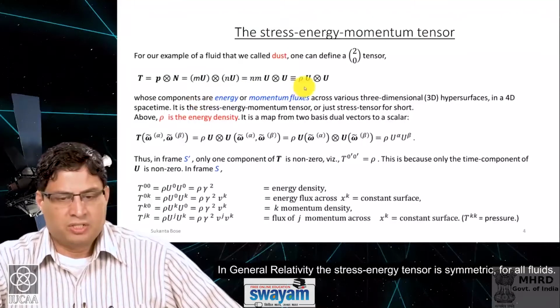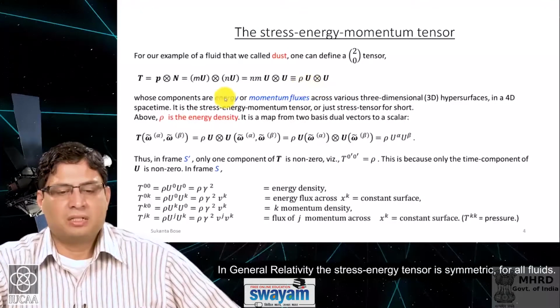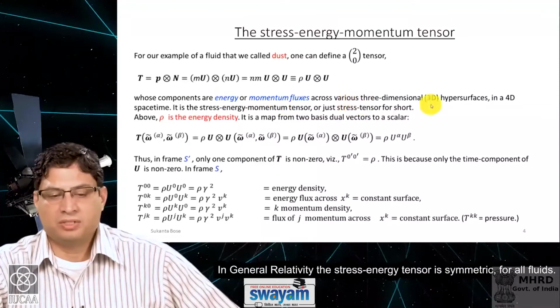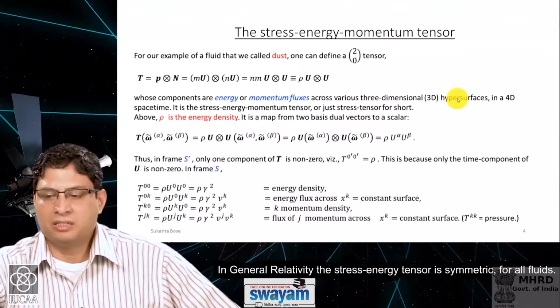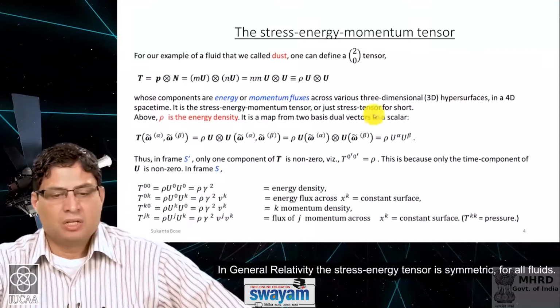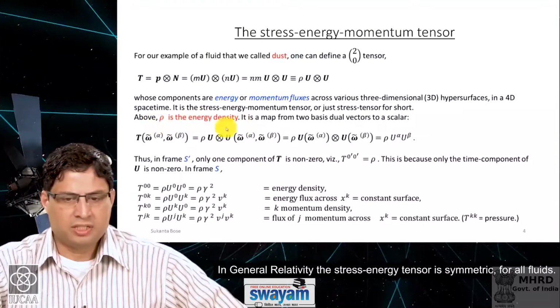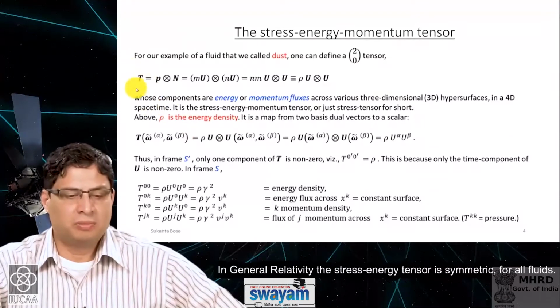Now, the components of this tensor are the energy and momentum fluxes across various 3-dimensional surfaces, and I am going to detail this in a moment. So, let us understand the operation of T a little better.